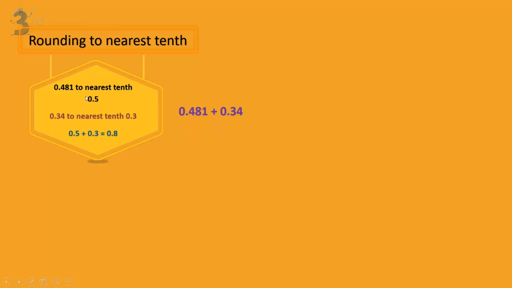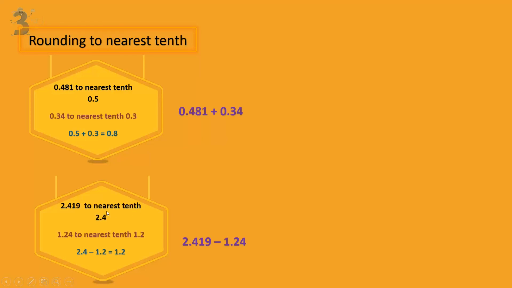So 0.5 plus 0.3 is 0.8. Now 2.419 minus 1.24: 2.419 to nearest tenth is 2.4, and 1.24 to nearest tenth is 1.2. So 2.4 minus 1.2 equals 1.2.